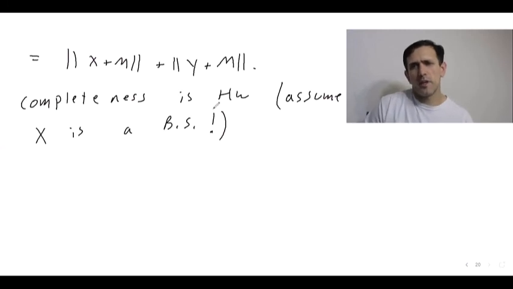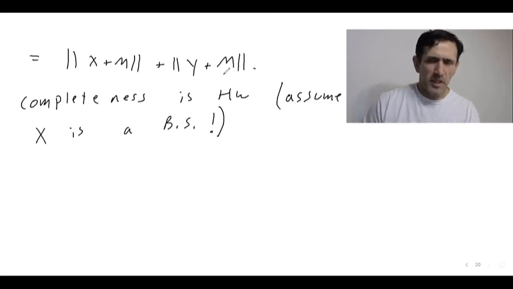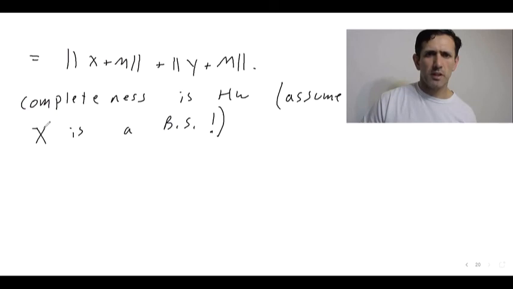So no reason to think the quotient space is complete if X is not complete. But if it is, then yes, it is. If we're dealing with a Banach space X, then the quotient space is complete.